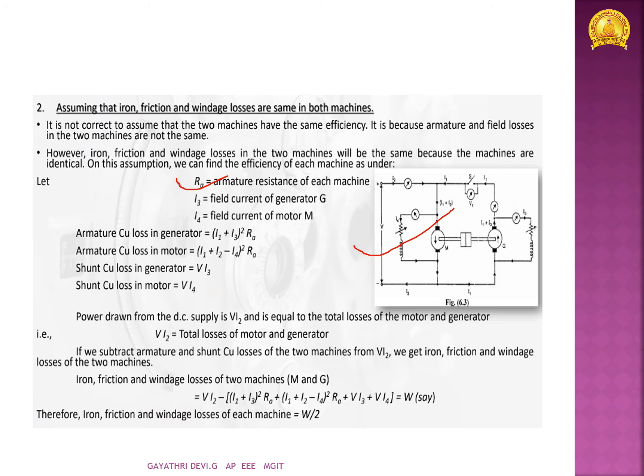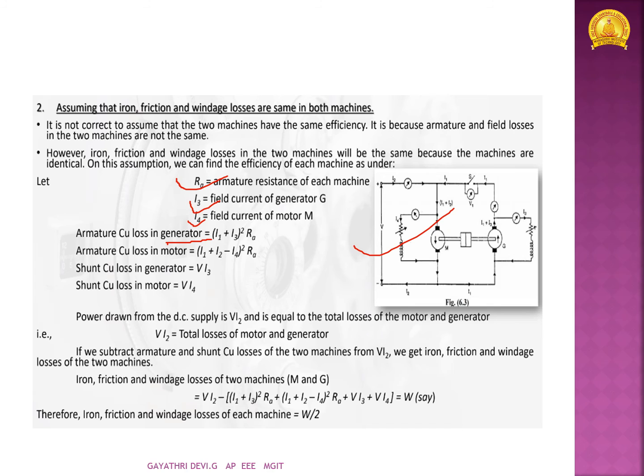Ra is the armature resistance, I3 is the field current of the generator, and I4 is the field current of the motor. Then the armature copper loss of the generator can be written as, we know that copper loss is the product of I square and Ra, where I is the armature current and Ra is the armature resistance. Here we are considering the generator.